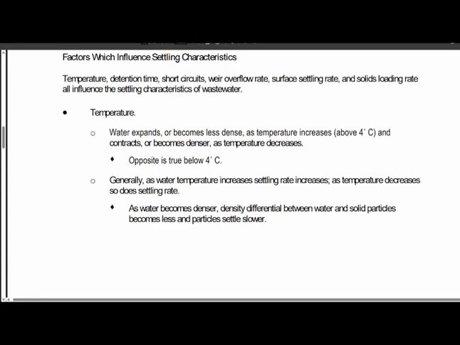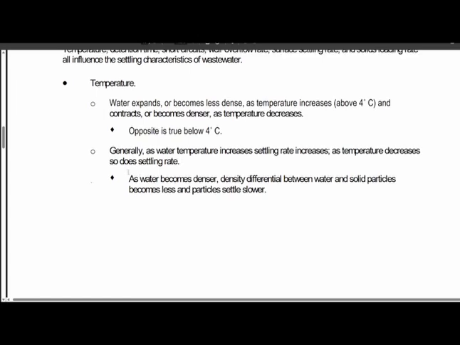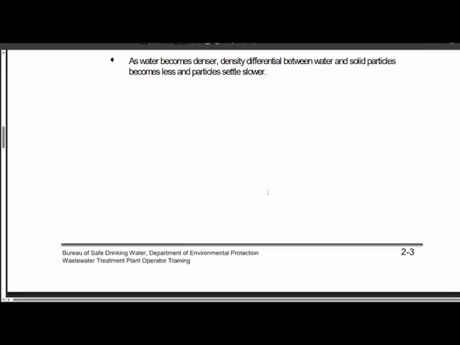As temperature decreases, so does settling rate. It's like if you try to make tea in cold water, it doesn't work as well as with hot water because hot water becomes more absorbent. It combines more easily. Okay. As water becomes denser, the density differential between water and solid particles becomes less and particles settle slower. So let's go ahead and scroll down.